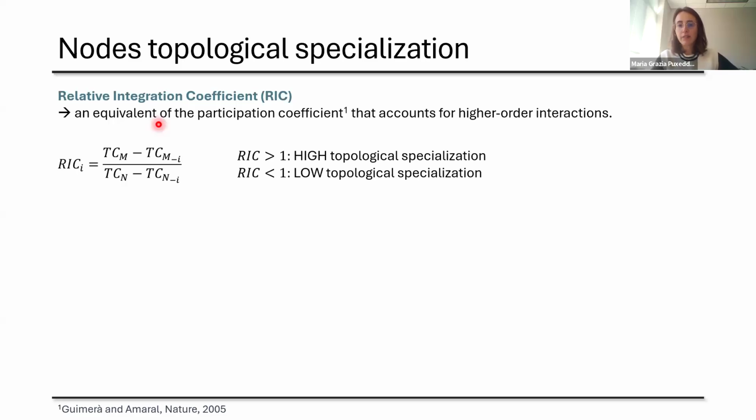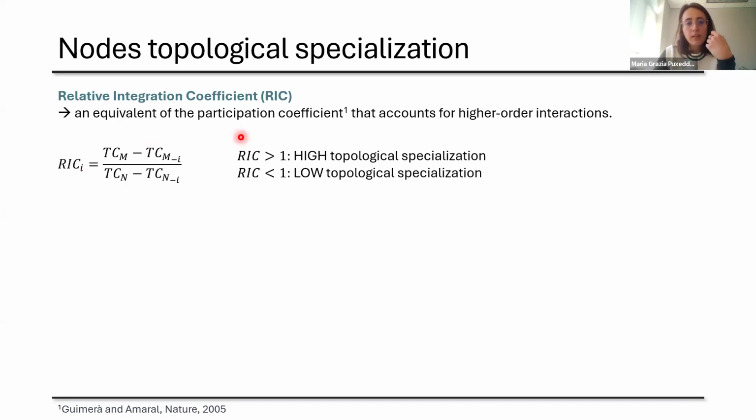Vice versa, if we have relative integration coefficient values that are lower than 1, it means that there is low topological specialization, because these two terms tend to be pretty much similar, and so the ratio decreases.